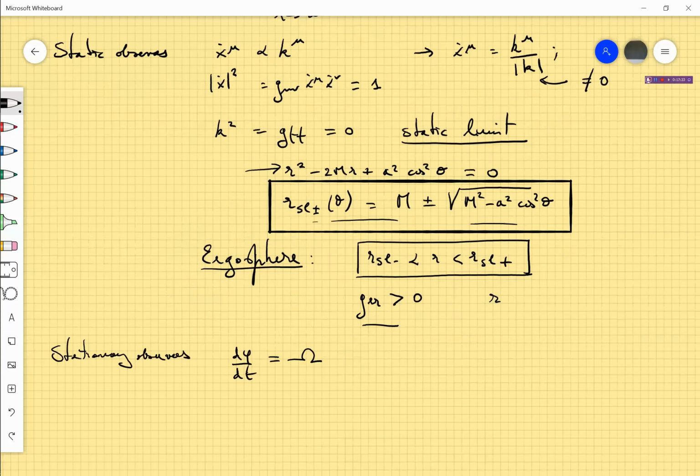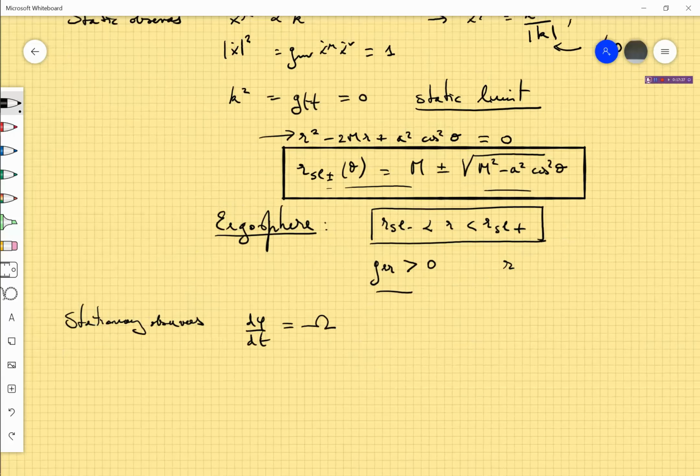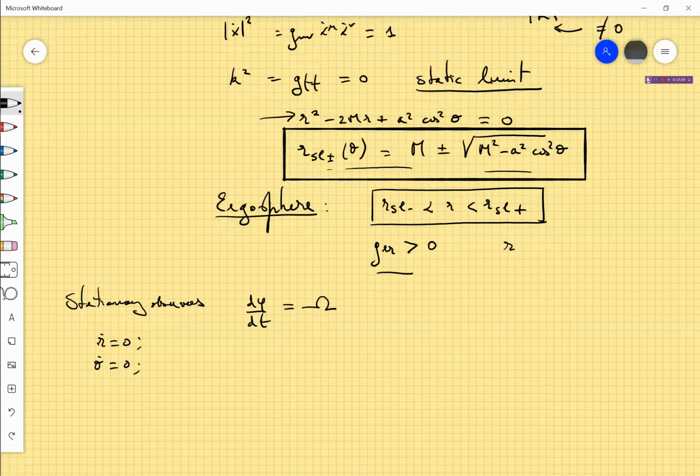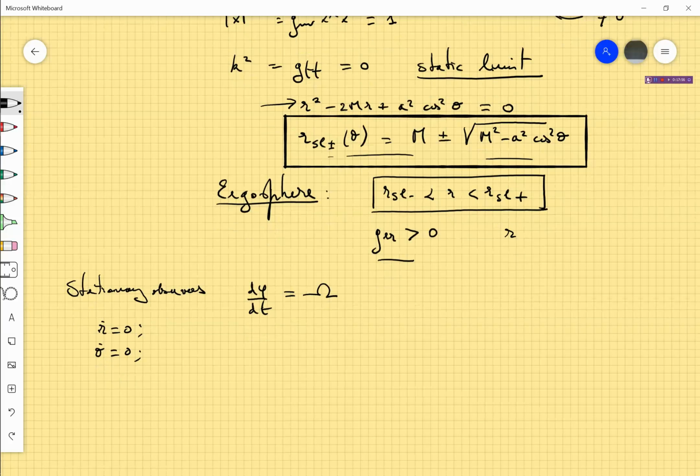But it doesn't have to be exactly the same omega that we wrote before. Let's consider stationary observers moving with constant radius, and let's consider them in the equatorial plane.